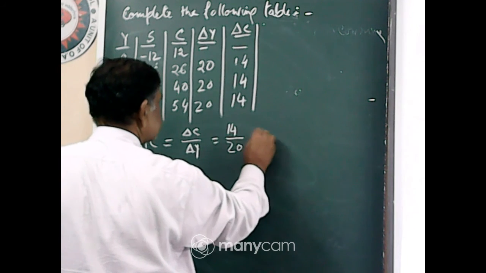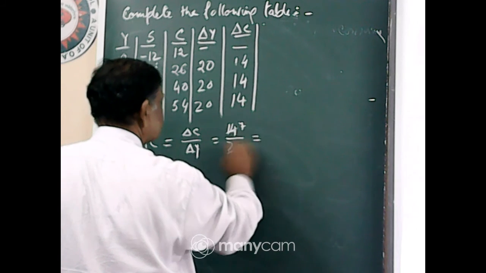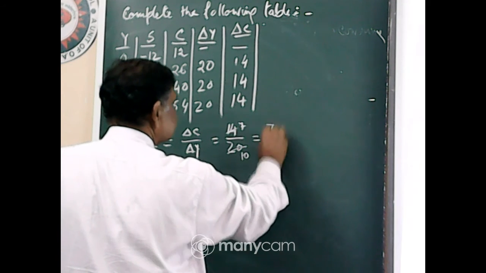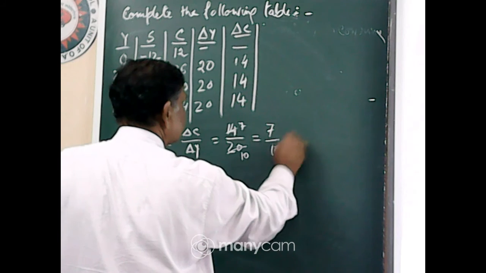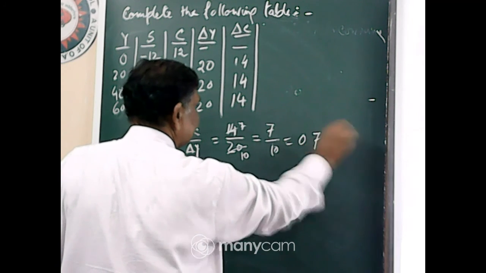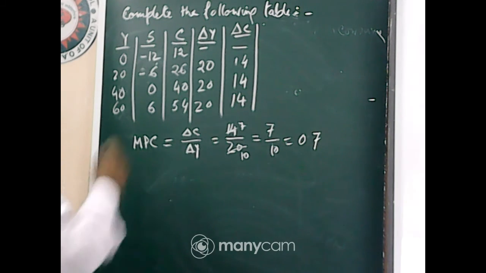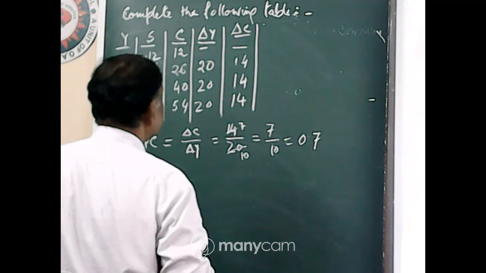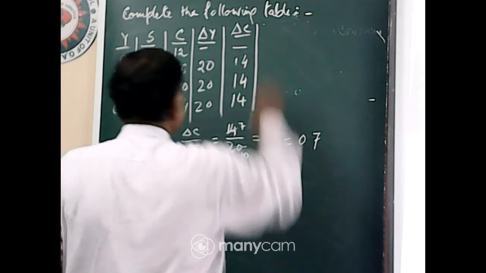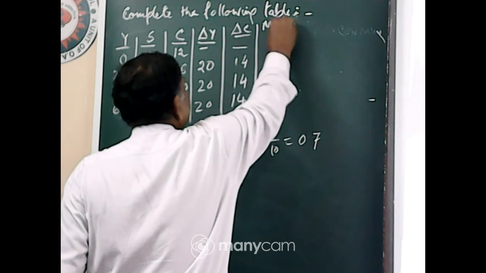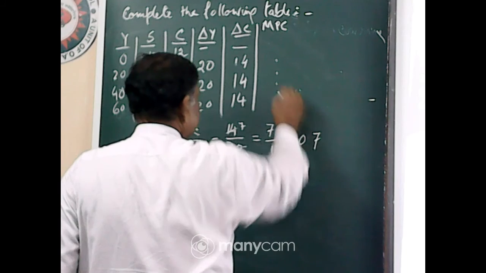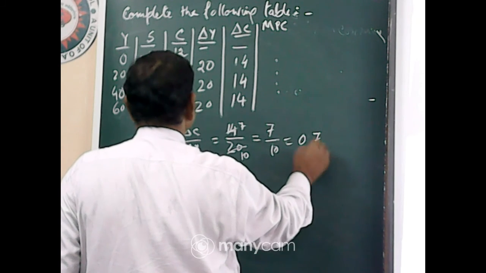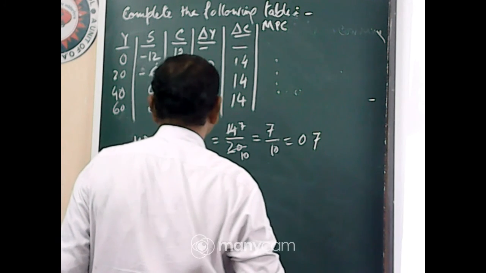In this case, 7 by 10 is equal to 0.7. I think it is clear to you. You will calculate the rest part by yourself. And so, MPC you have to calculate. First one I have calculated, given you the value.